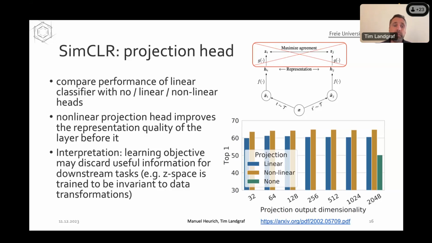So, for example, if we rotate an image and we want to maximize the similarity between those two rotated versions of itself, we kind of lose information about how strongly these two versions were rotated from each other.